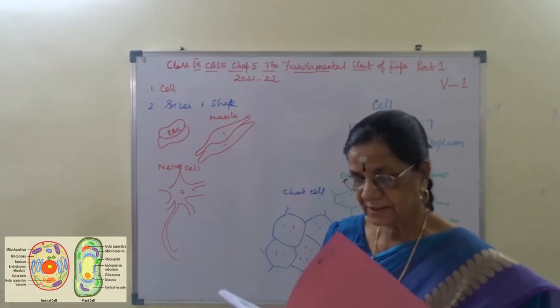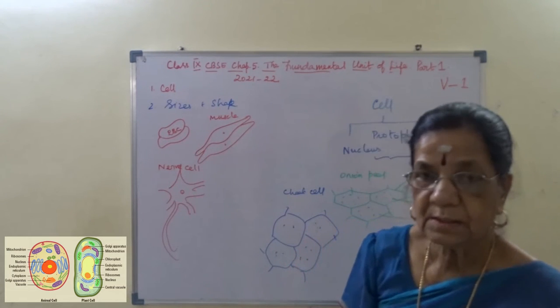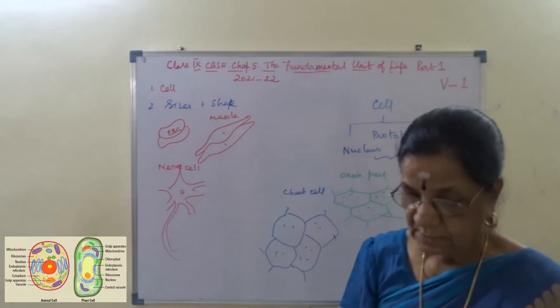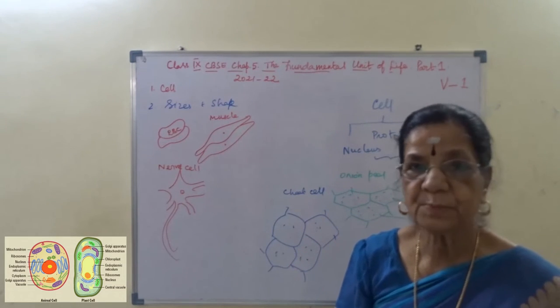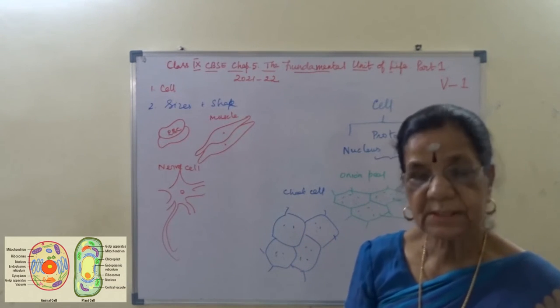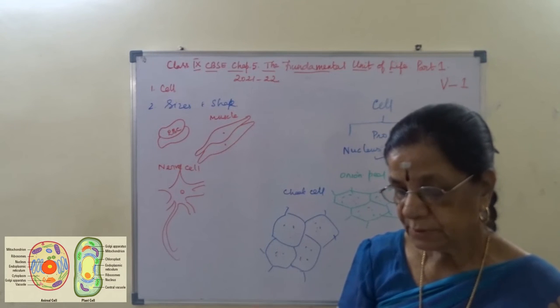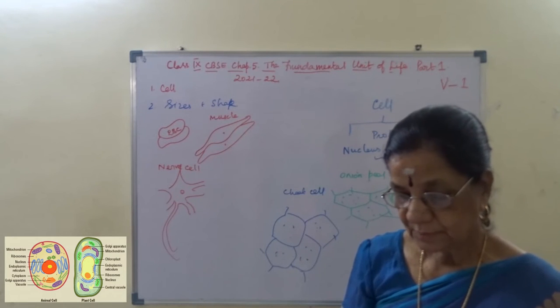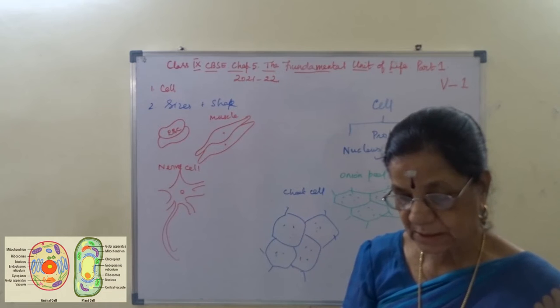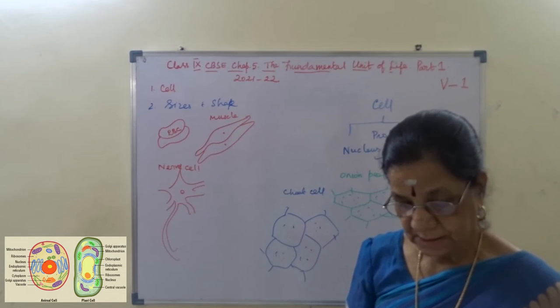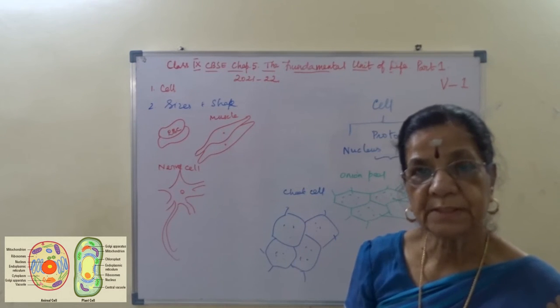So first in our textbook, history of the microscope and then about the cell. Robert Hooke saw that the cork resembles the structure of a honeycomb consisting of many compartments.